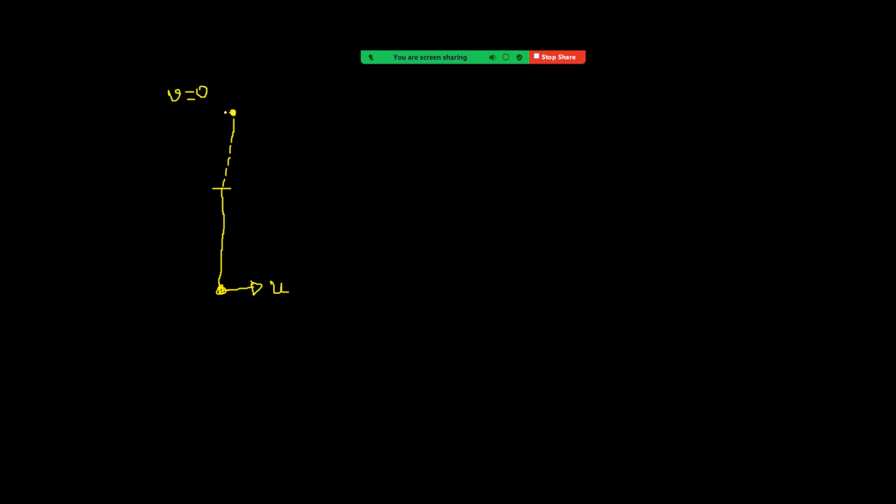If you just push it, velocity is almost zero. Then it follows a circular path and again comes to the same height because there is no energy loss. I am repeating, just push it from this position, and it again comes to the same position due to energy conservation. That means we have to provide velocity in such a way that the rod is just able to become vertical.